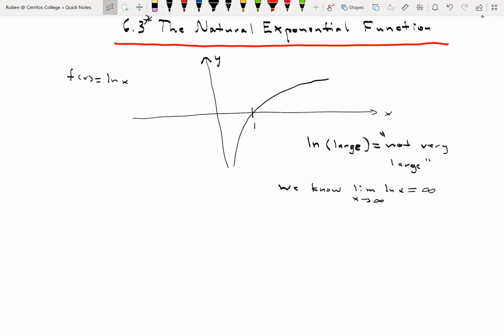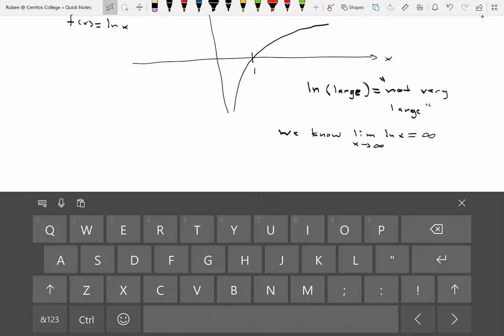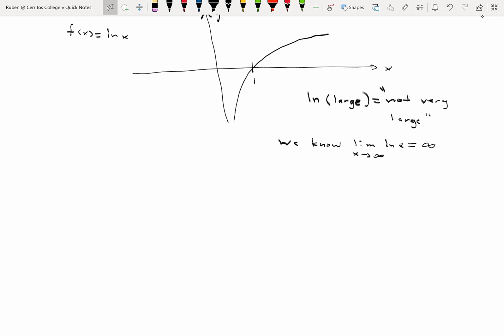Okay, so let's go ahead and find the inverse of the natural logarithm function. In order to do that, we have to remember that the natural logarithm function has a base.